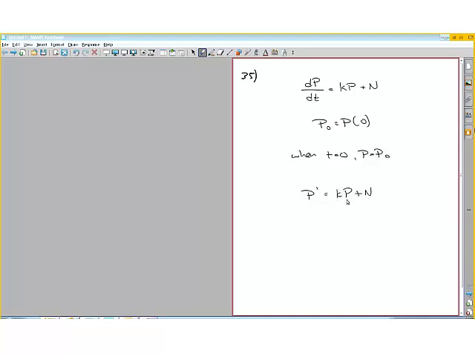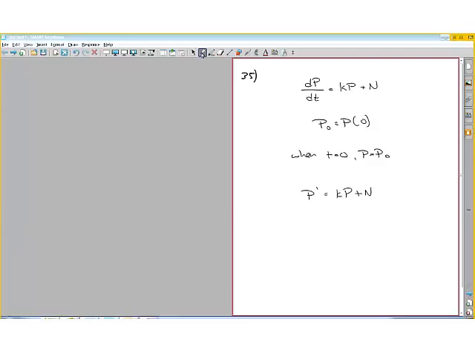Now you can't just do separation of variables because if we multiplied by dt, we'd have P times dt, so they're not decoupled. So you have to identify it as a first order linear differential equation, which means we can use integrating factors to do that one. So from this point, we put it in the standard form.